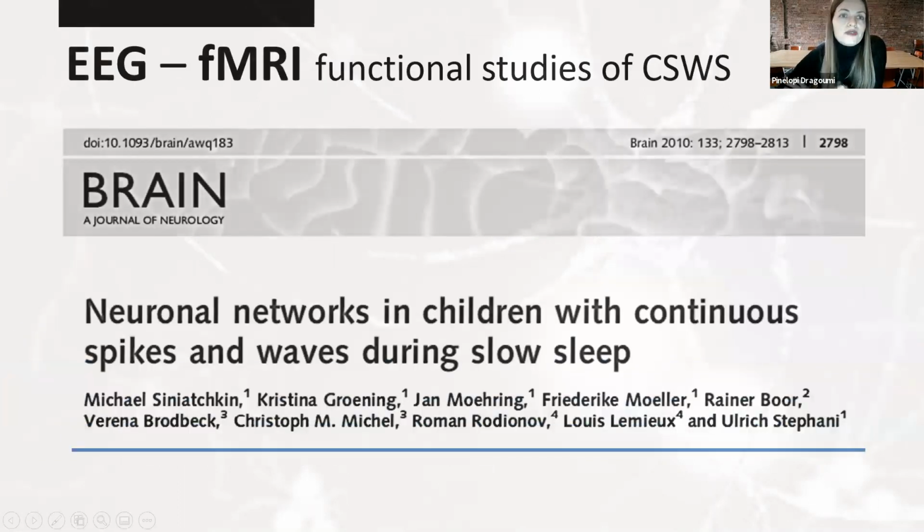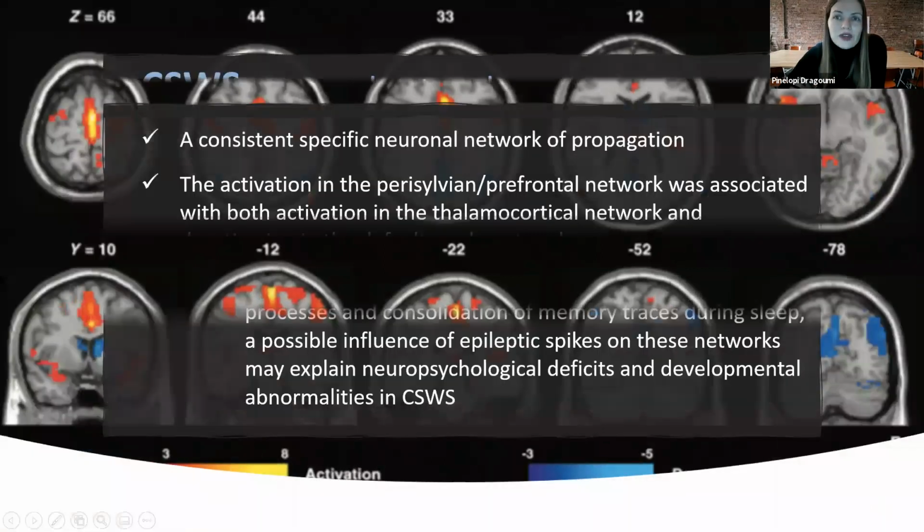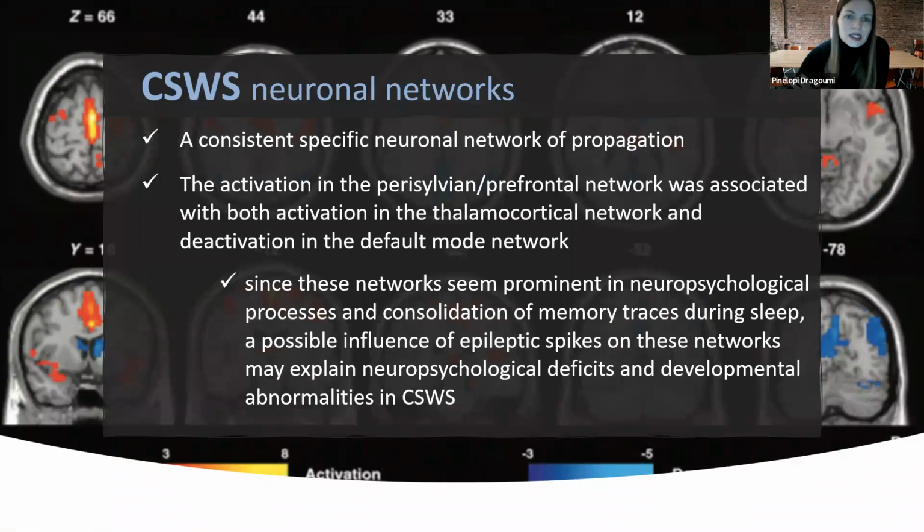And actually, there have been functional studies that have shown that during spike and wave sleep, there is activation of certain networks and deactivation of the default mode network that is very, very crucial in neuropsychological processes. So this has been actually proved in fMRI studies as well.